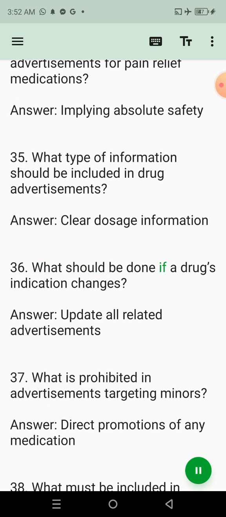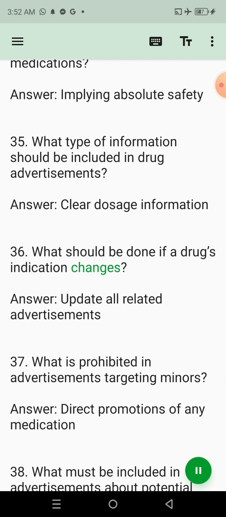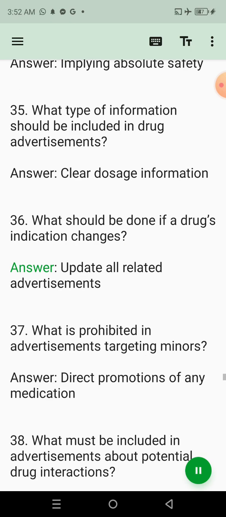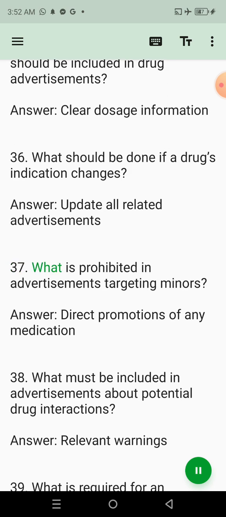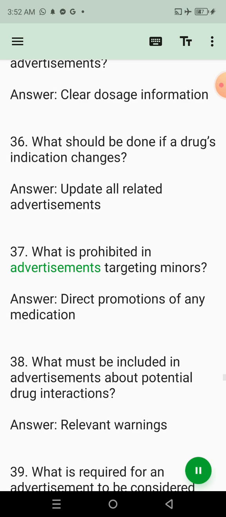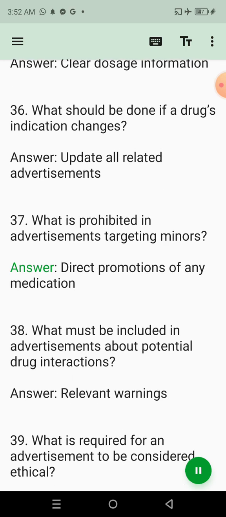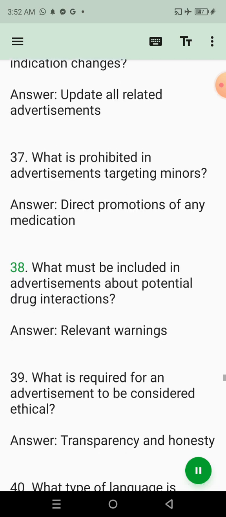What should be done if a drug's indication changes? Answer. Update all related advertisements. 37. What is prohibited in advertisements targeting minors? Answer. Direct promotions of any medication.